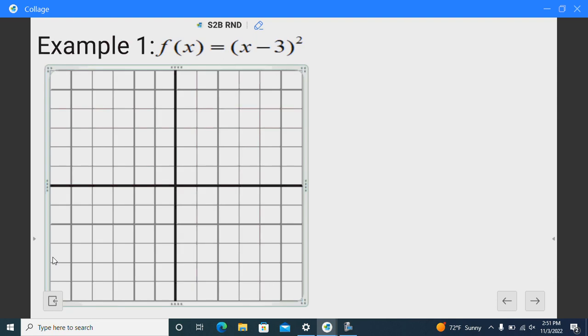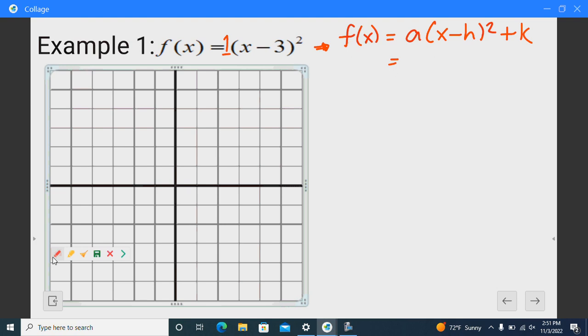Example: f(x) is equal to (x minus 3) squared. Let's always remember the formula for vertex form, f(x) equals a(x minus h) squared plus k. Now, if you notice, nothing is written here, but there's an invisible 1 in there.